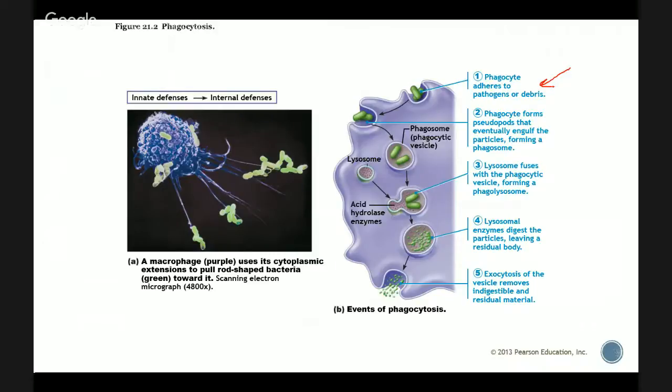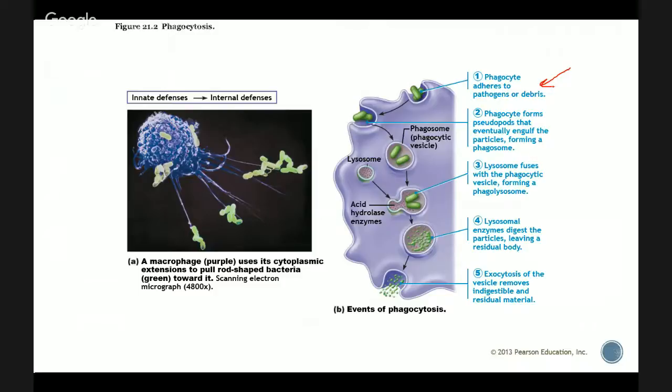We're going to talk about what we call an antigen presenting cell later. So maybe it's the pathogen itself, maybe it's a fragment of the pathogen, maybe it's just a part of it. But whatever it is, the phagocyte is going to come up to it and adhere to it.